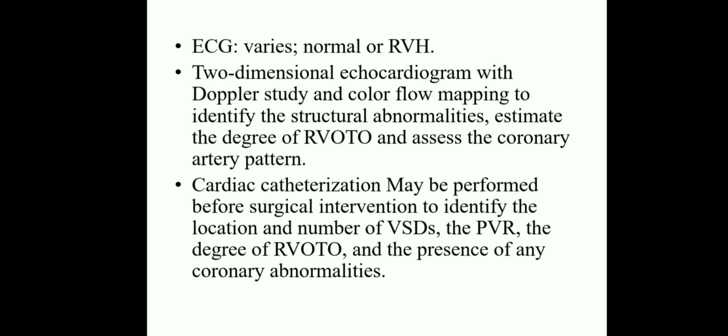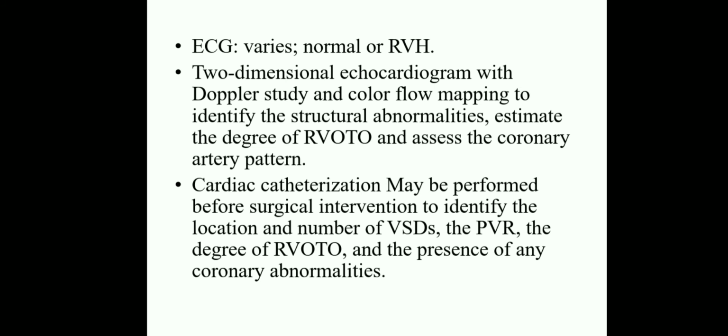Coming to the ECG, it may show normal or right ventricular hypertrophy. And coming to the 2D echo with Doppler study and color flow mapping, it identifies structural abnormalities, estimates the degree of right ventricular outflow tract obstruction, and assesses the coronary artery pattern.